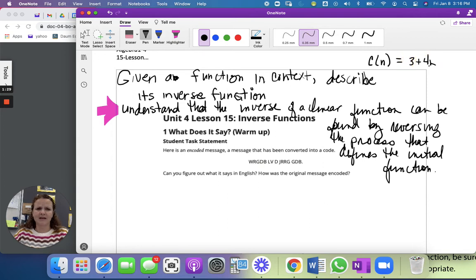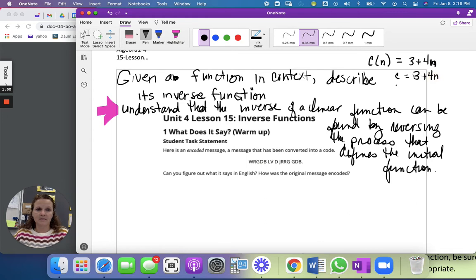So that's the linear function. Now the inverse is reversing the process.